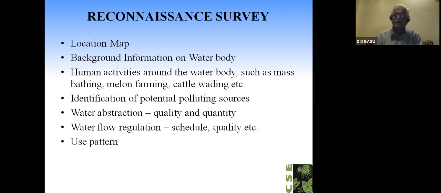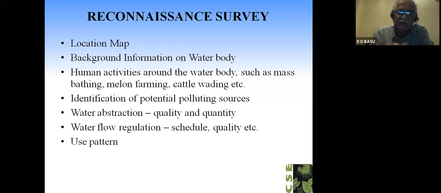These are very important things. Actually, you will say that I am not alone discharging wastewater. There are so many parties. And if I go there, what will be the aggregate situation? That has to be understood very clearly. Water abstraction, quality and quantity. If huge water is abstracted for drinking water purposes and irrigation purposes, then what is the downstream impact? What is the dilution available in the river?